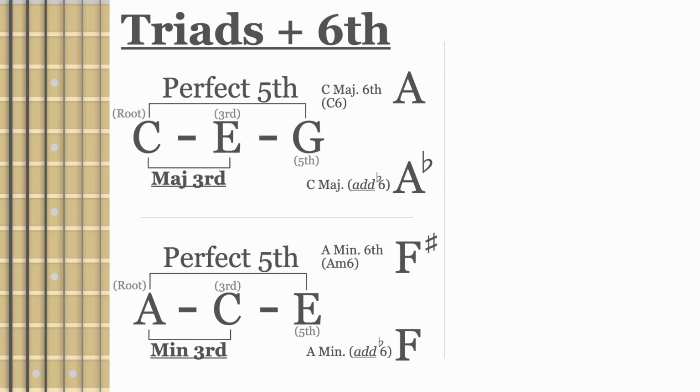And then our minor with our major sixth, right? We have an A, that's our A minor sixth, right? It's just getting the minor from the name of the triad. Now I'm looking down at the lower part of the screen now. And then the A minor with the flattened sixth, right? In that case, F. But let's go ahead and jump in and actually listen to these so we can hear them before we start talking about how the sixth is actually used more often.